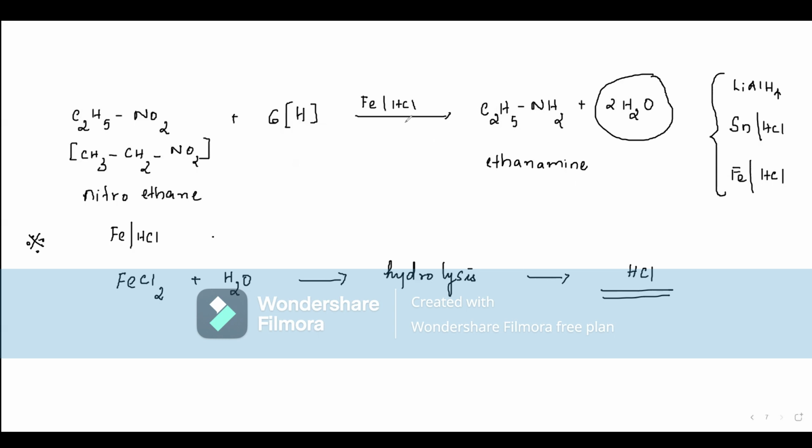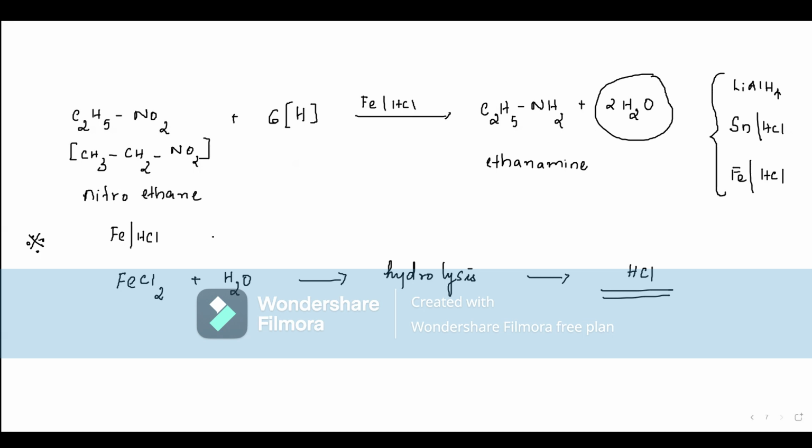That HCl can be used again to produce nascent hydrogen from the remaining Fe, which means you don't have to use a large amount of hydrochloric acid. You just need a minimum of hydrochloric acid to initiate the reaction. The rest of the reaction happens because of the hydrolysis of ferrous chloride.